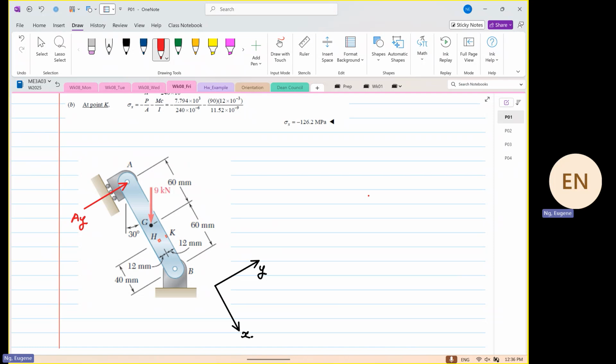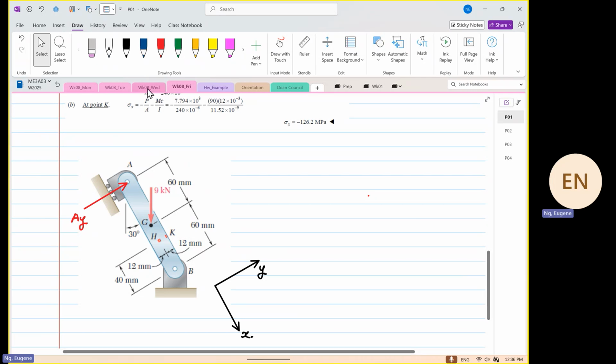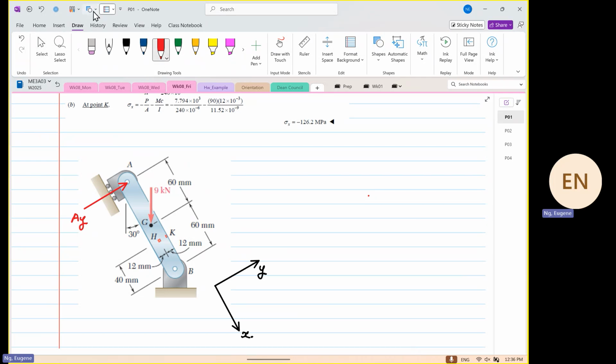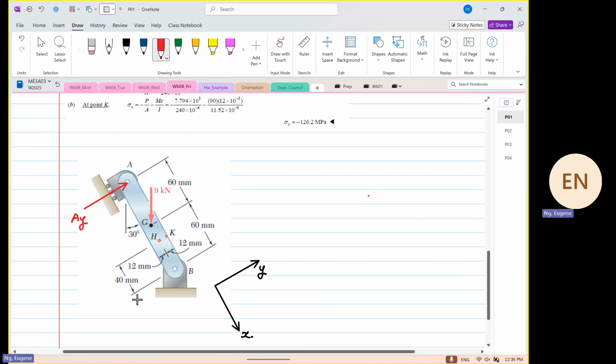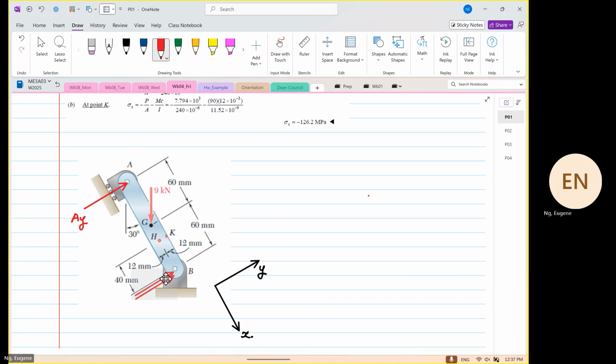So there's no AX over there. And then I taught you on Wednesday that we are very sure that we have over here a BY in this orientation because of the counter moment. Based on the counter moment, we have our BY over here.